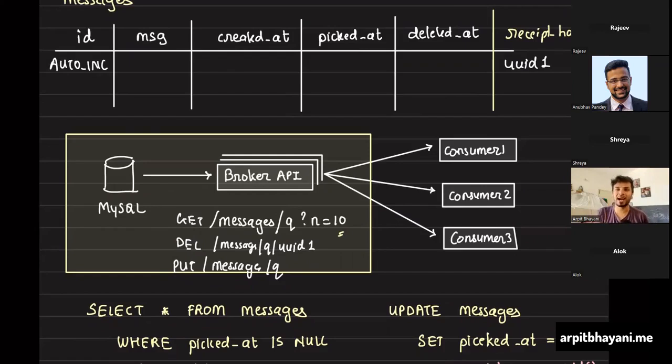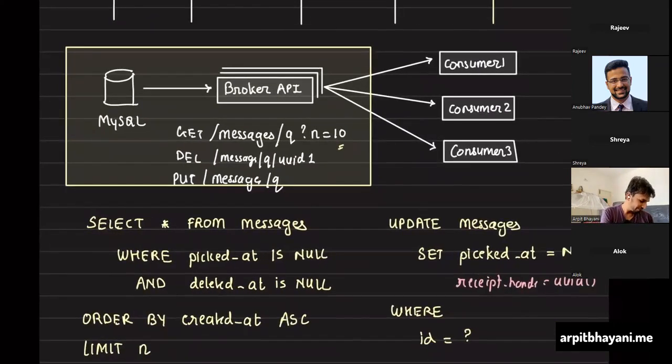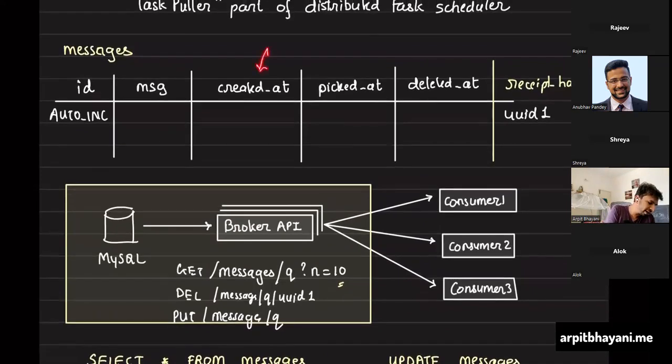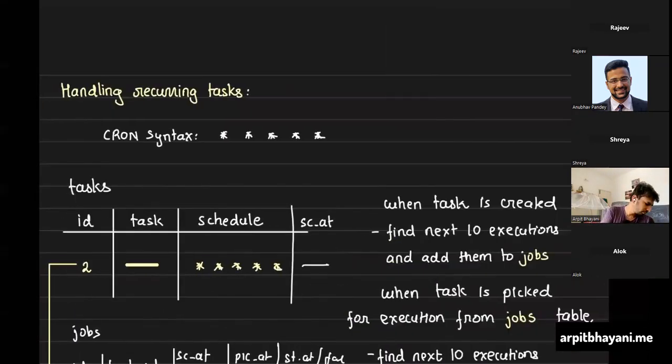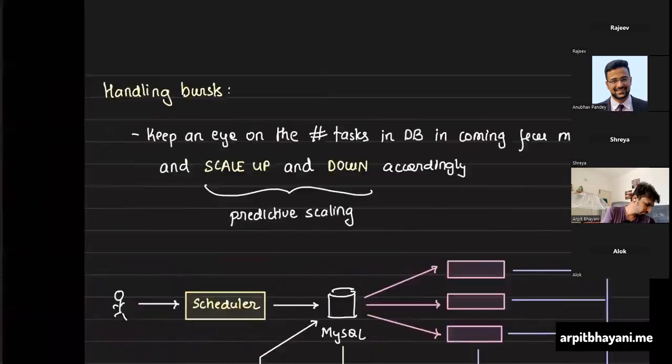It needs to be indexed on created at, and an index on receipt handle as well. Yeah, it should be unique, right? Yes. Then if you go to the first design, I'm done with this second design, no question. First design, the diagram which you drew.